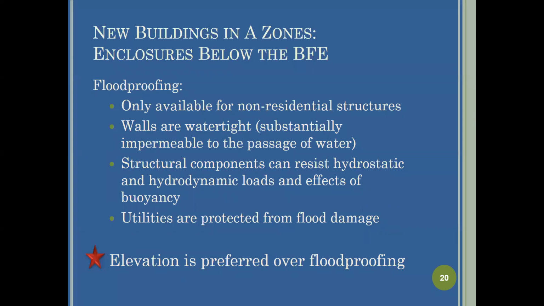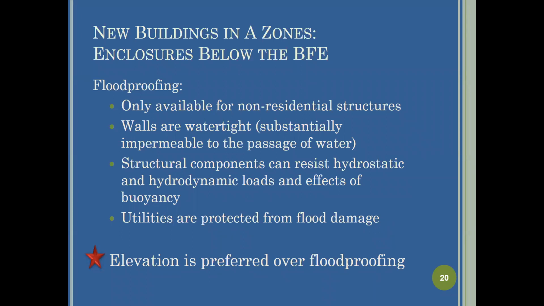So new buildings in the flood zones, when the enclosures are below the BFE, and this is only non-residential buildings: the walls have to be watertight. The structural components have to resist hydrostatic pressures. And again, your utilities have to be protected from flood damage.